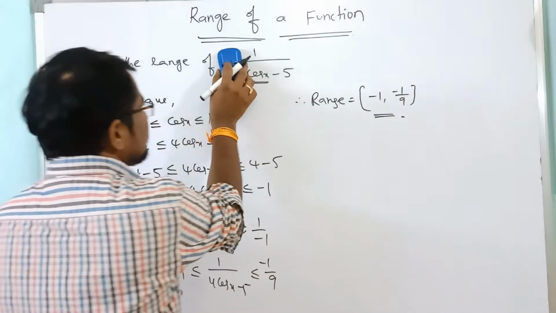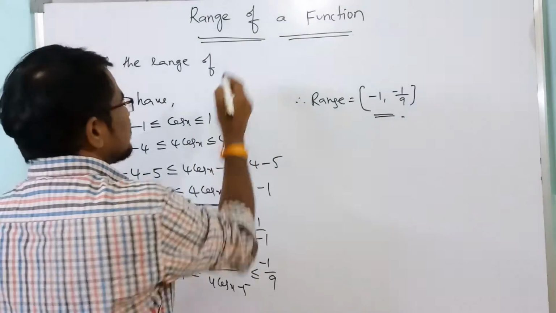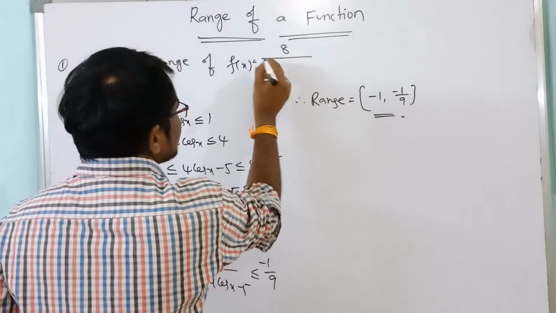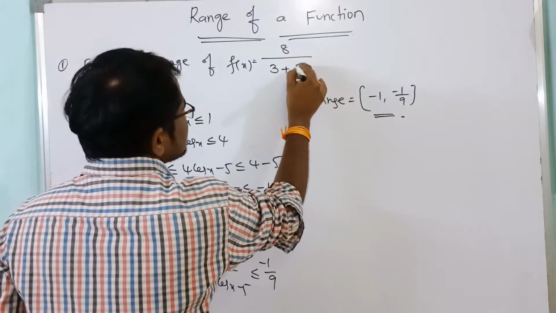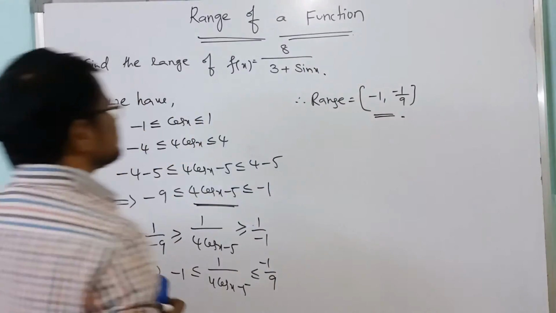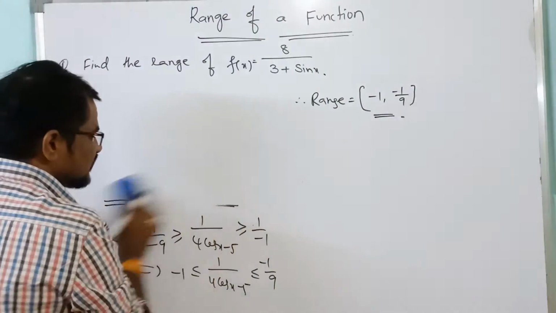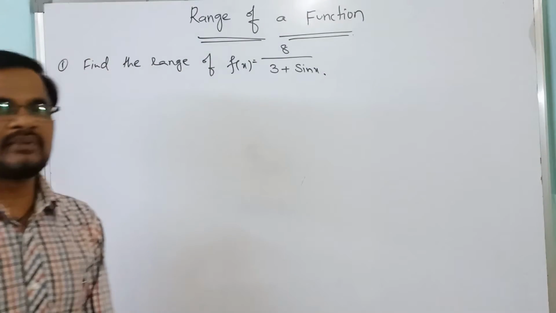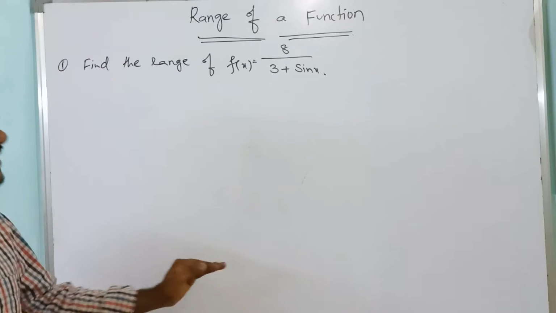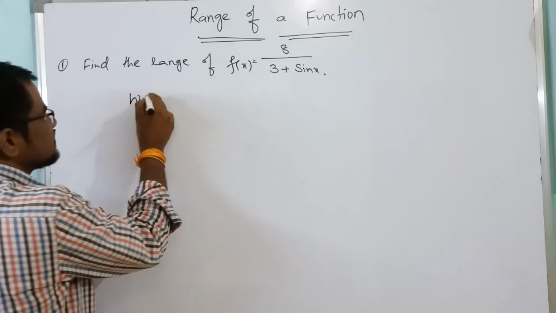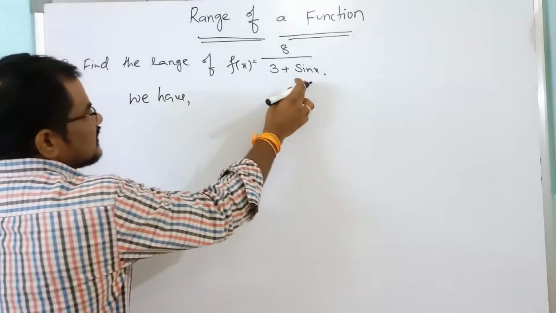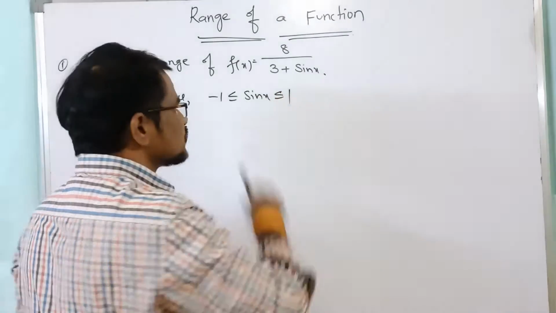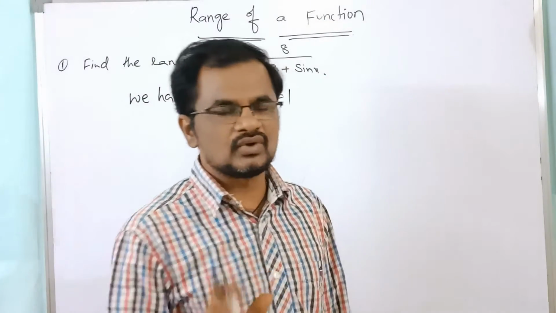Suppose you take the function like this, f of x equal to 8 by 3 plus sin x. So the given function is 8 by 3 plus sin x. Here also the same. We know that sin x: minus 1 less than or equal to sin x less than or equal to 1.